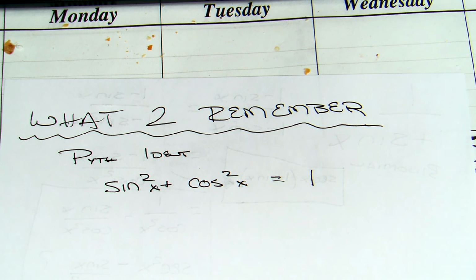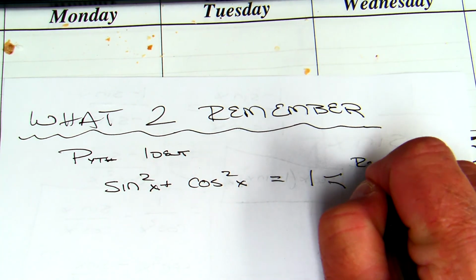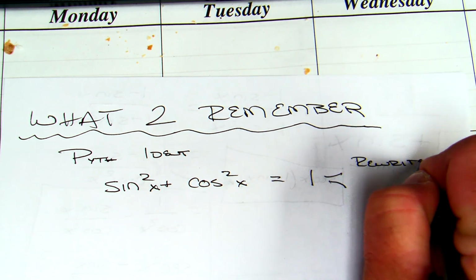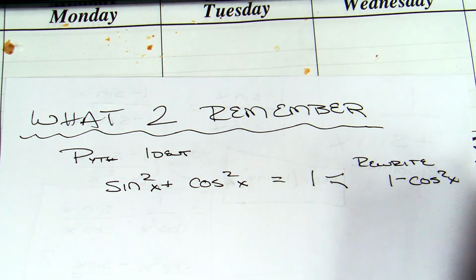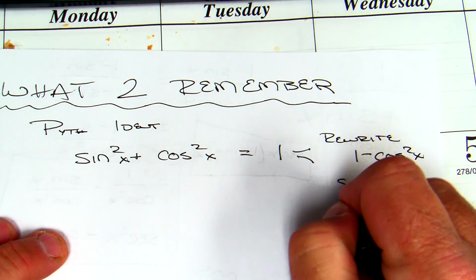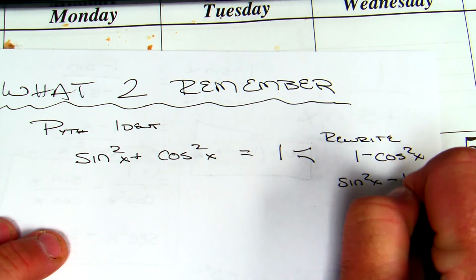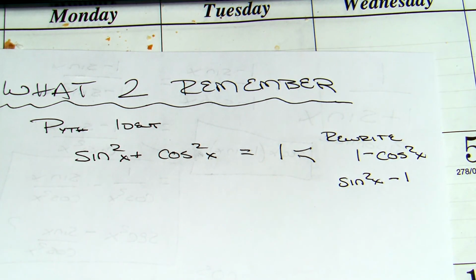And from day 1, we talked about the need to rewrite. So in other words, if it's 1 minus cosine squared, you have to be able to recognize that that's sine squared. If it's sine squared minus 1, you have to be able to recognize that that's the negative of cosine squared. There's no way around it.